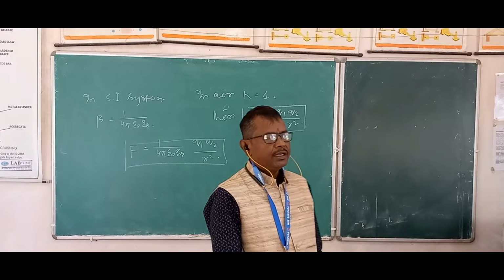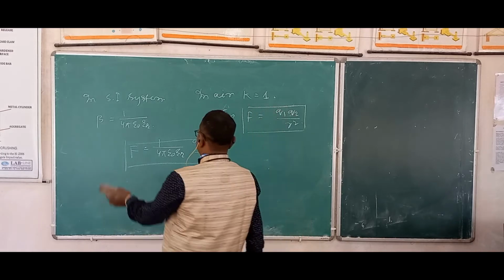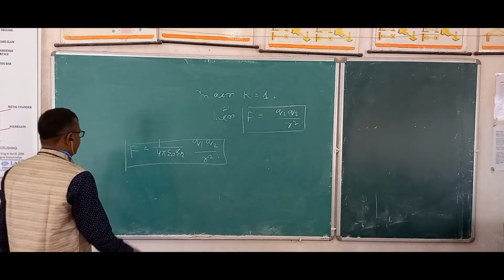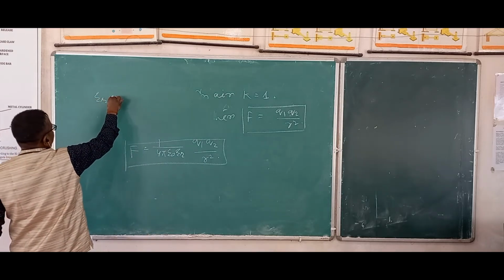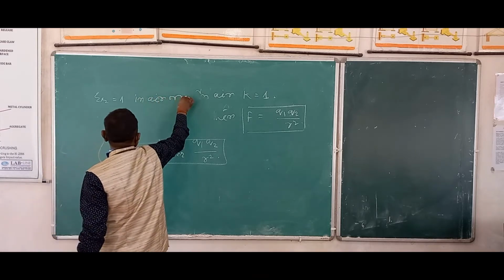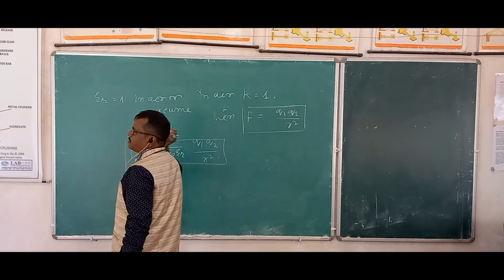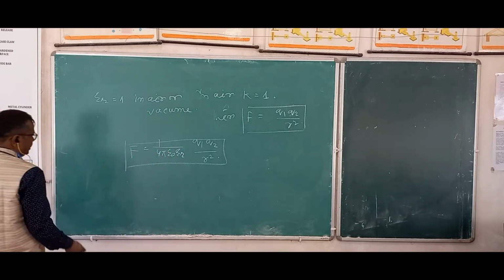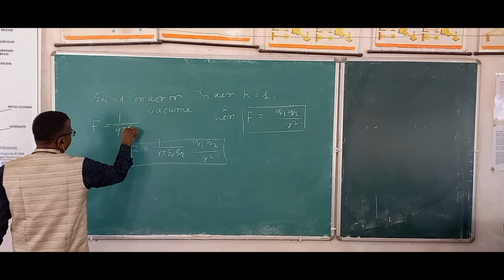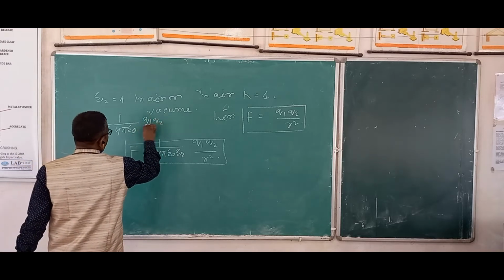In air or vacuum or free space, epsilon r is equal to 1. Then F is simply 1 by 4 pi epsilon 0 Q1 Q2 by R square.